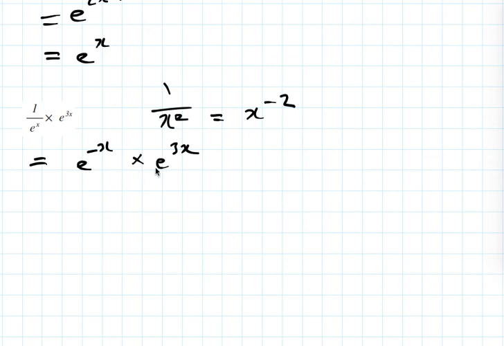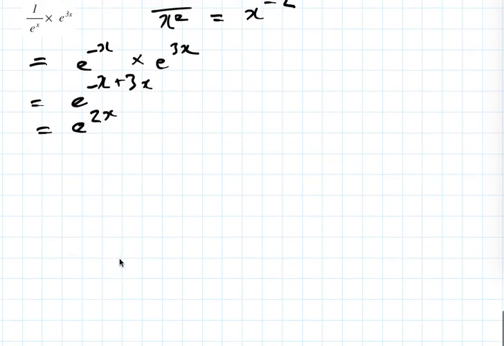If these are being multiplied, then you've got to add the exponents together. So negative x plus 3x becomes e, so negative 1 plus 3, which is 2x. Simple. Just check. Yep, that's about it.